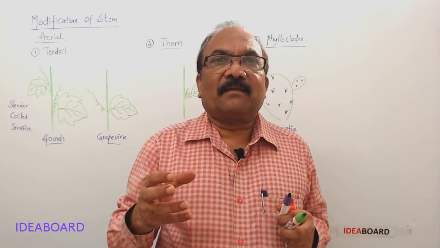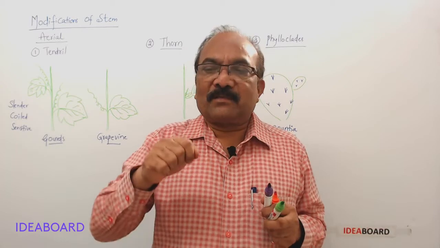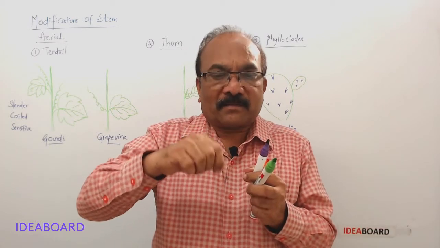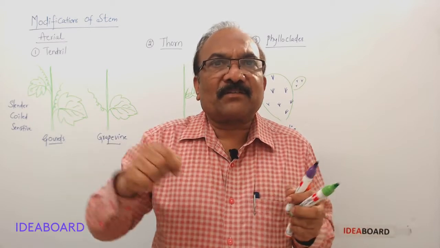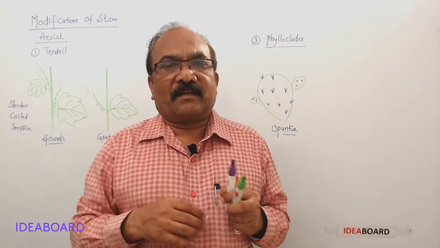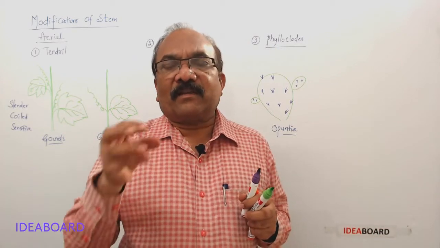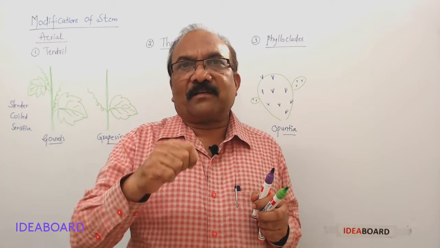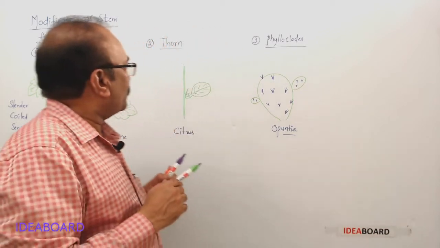That's why their axillary buds or terminal buds are modified into these slender, coiled, watch spring like structures, which are very sensitive. Means whenever they come across any object, they coil around it immediately. That's what sensitive means.